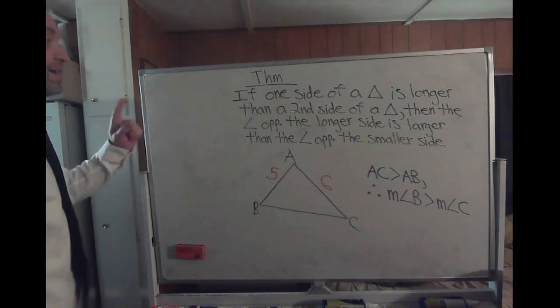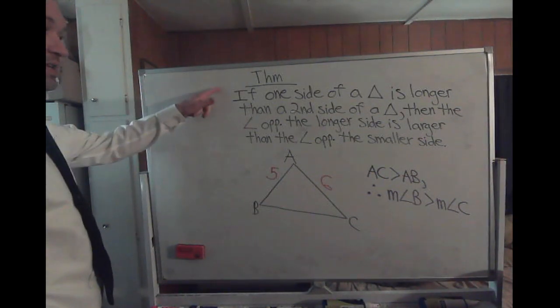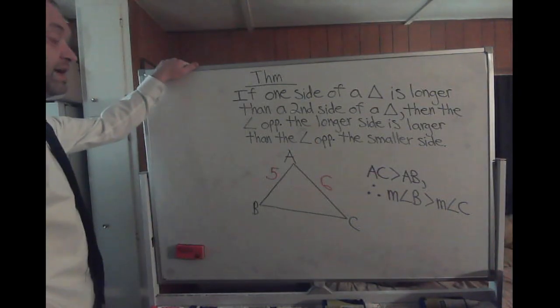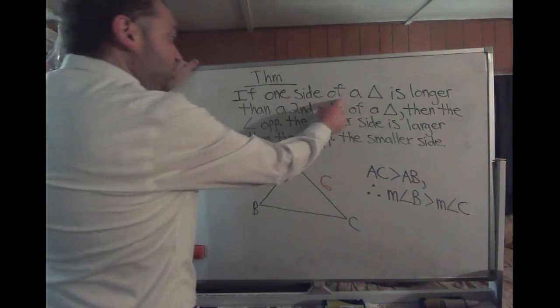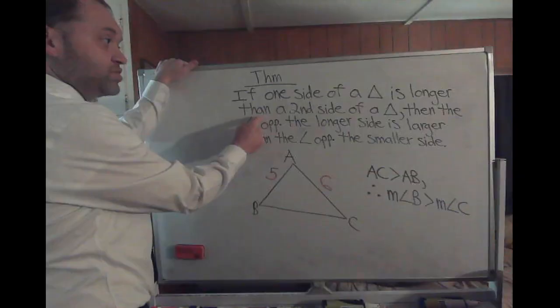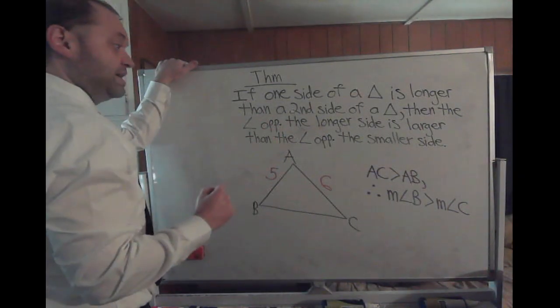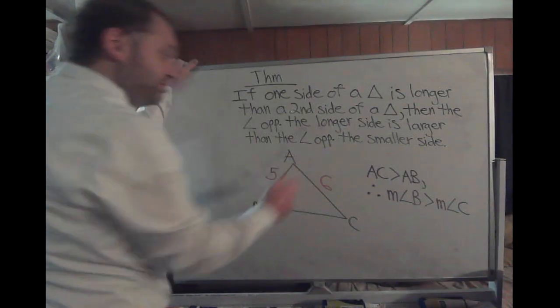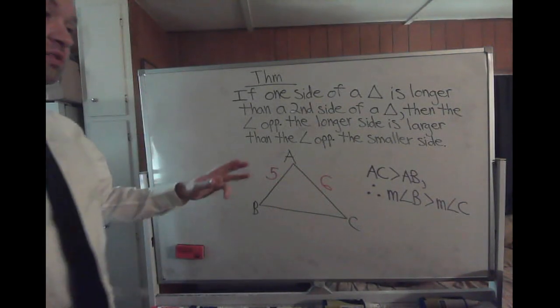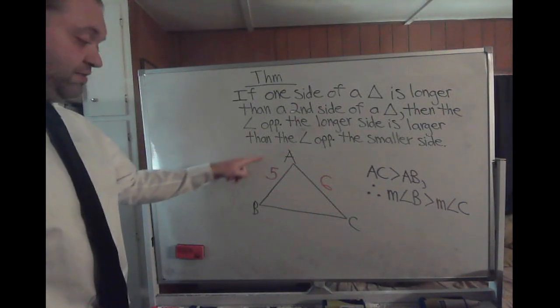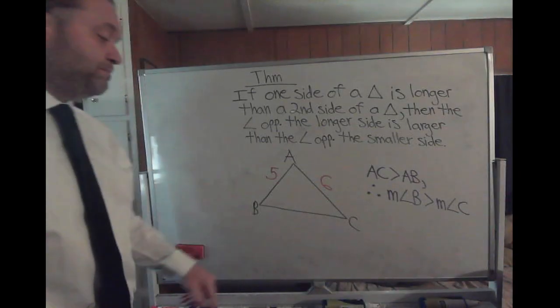But anyway, the first theorem we're going to learn today is that if one side of a triangle is longer than a second side of a triangle, then the angle opposite the longer side is larger than the angle opposite the smaller side. So here, to illustrate that, you have triangle ABC.